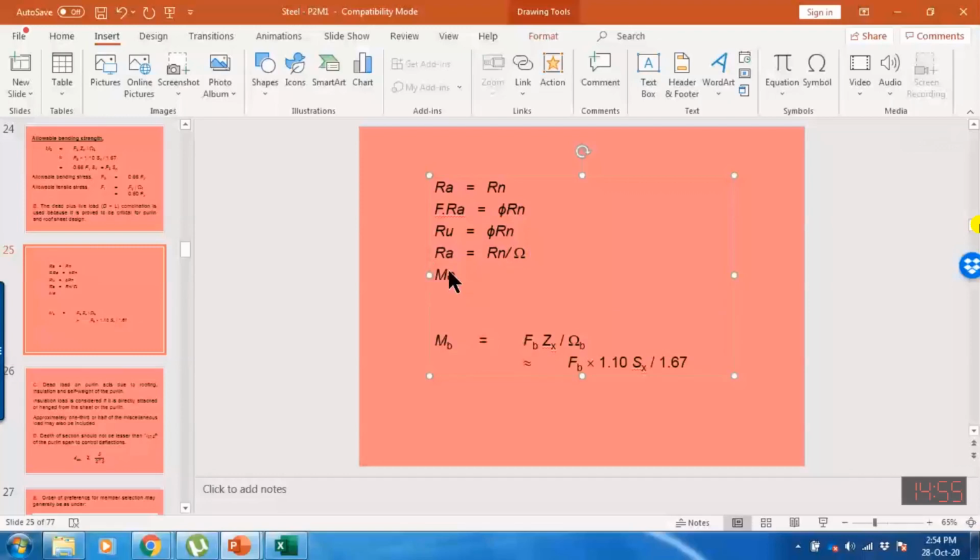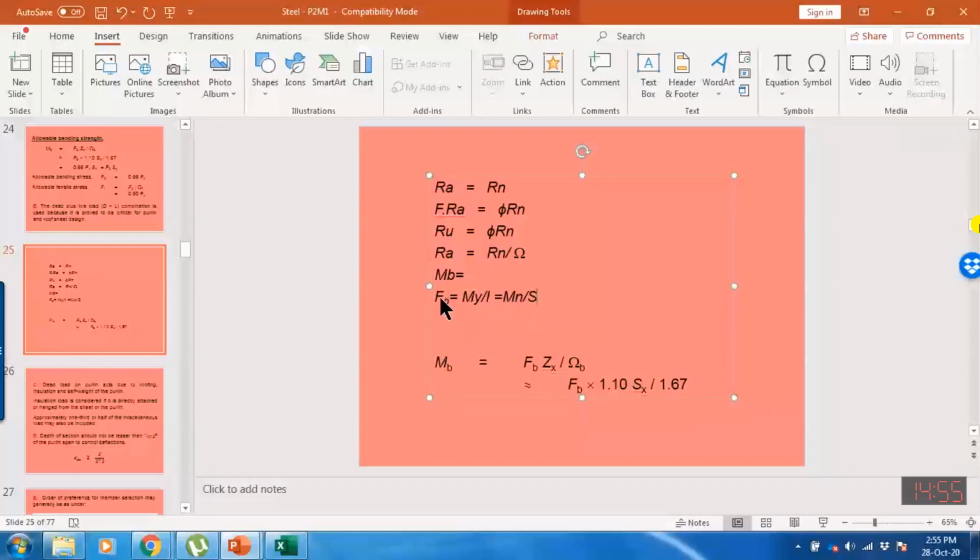So we know that the stress, which we show by F, is equal to MY divided by I, or we can write it like this: M over section modulus, since I over Y is called the section modulus. So from this equation, if F is equal to Fb, the bending stress, then Mn will be the moment carrying capacity, the nominal moment, because I want to compare with the applied bending moment.